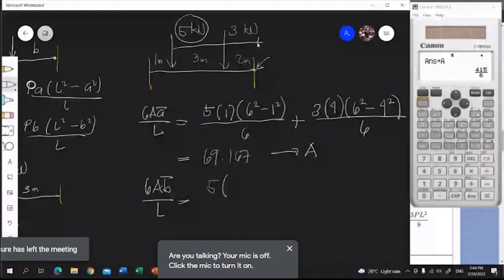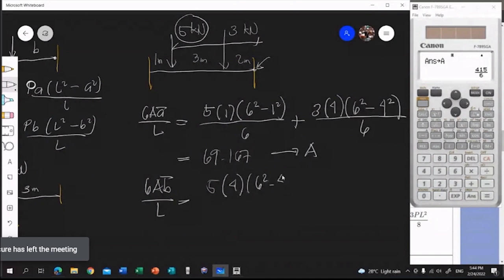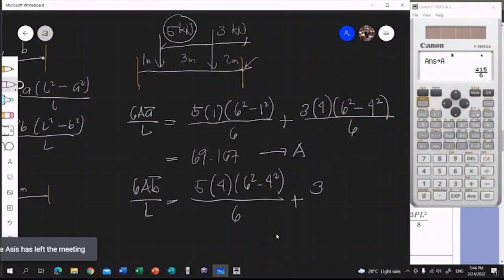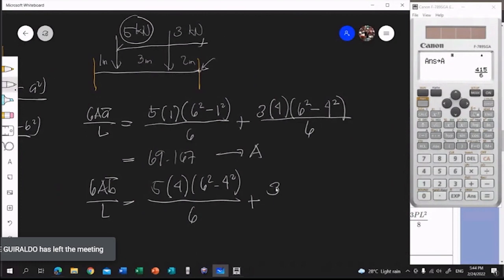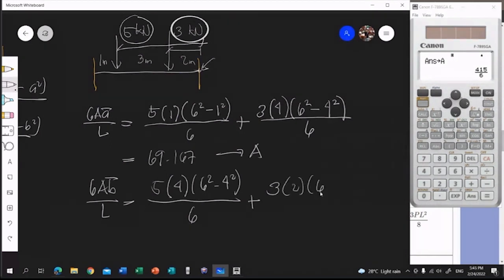L squared minus B squared, all over 6, plus the 3. Its distance from the right support is 2, times 6, the L, L squared minus 2 squared all over L.